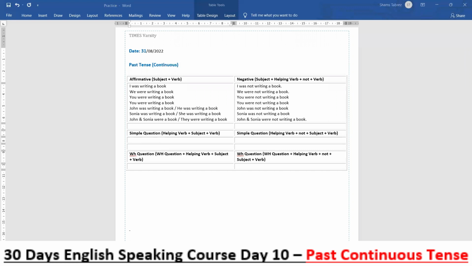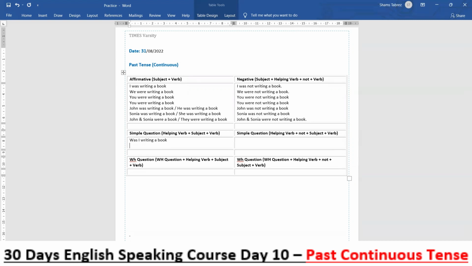Was I write a book? As per the rule, the helping verb was, then was I, and the ing form is used: writing a book. So was I writing a book? Yes, this is what we need to make sure, that we are using the correct form of the verb. Next, were we writing a book?